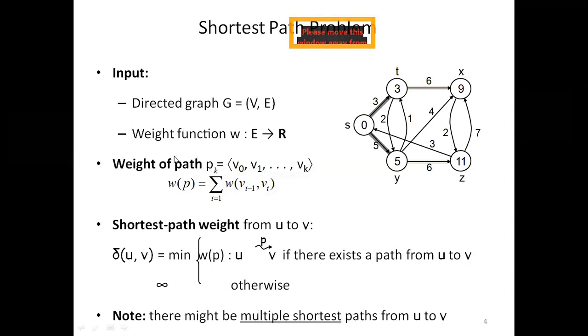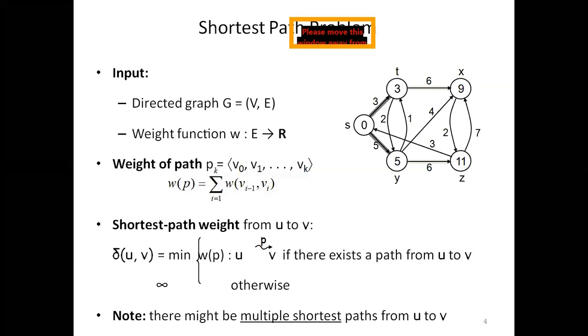So we have the weight function. Weight of a path p = <v0, v1, ..., vk>, where v0 is the starting vertex and vk is the ending vertex.